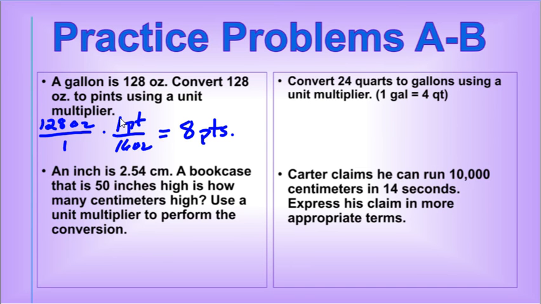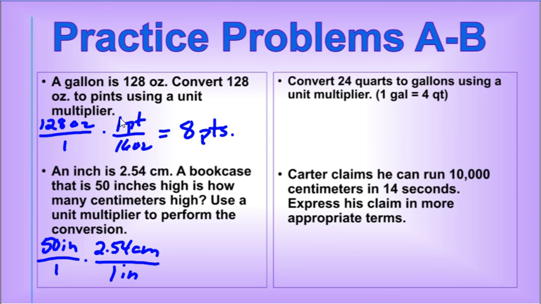An inch is 2.54 centimeters. A bookcase that is 50 inches high is how many centimeters high? Use a unit multiplier to perform the conversion. So we have 50 inches over 1, multiply that by 2.54 centimeters over 1 inch.